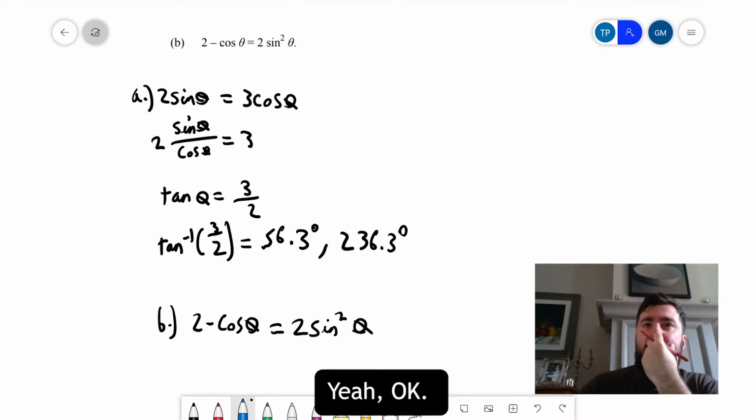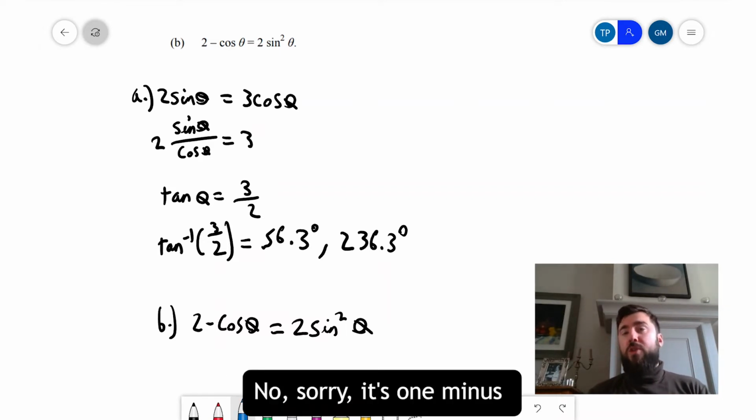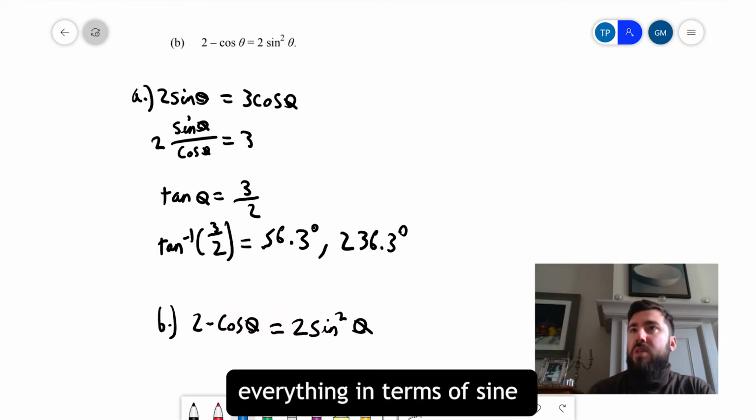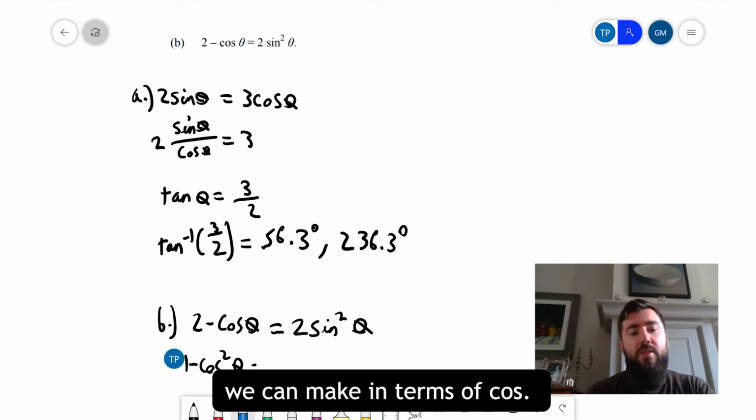Do we know an identity that can convert sine squared? Oh no, sorry, it's 1 minus cos squared. We want either everything in terms of sine or everything in terms of cos, and because we have sine squared, we can make it in terms of cos.